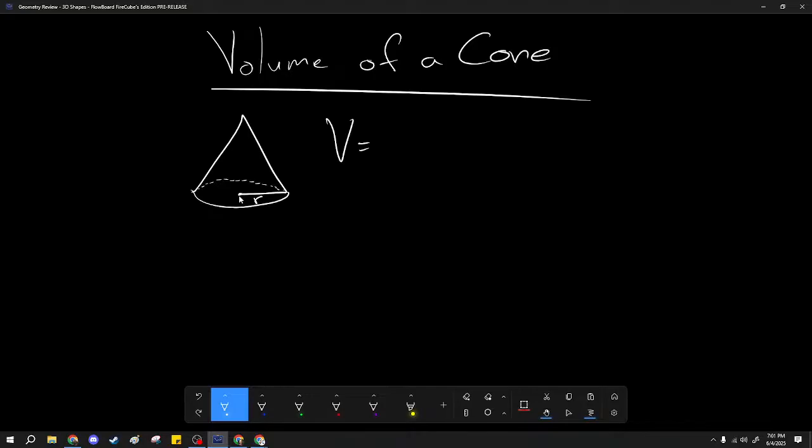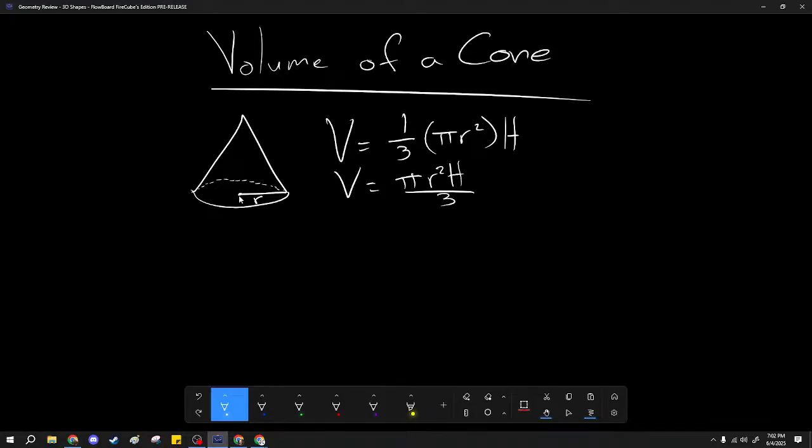How much can fit inside the cone is 1/3 times pi r squared times capital H. I will also rewrite it in a different way that might be easier for some people: pi r squared H over 3.